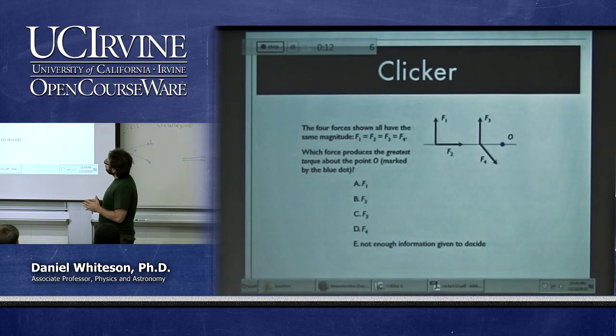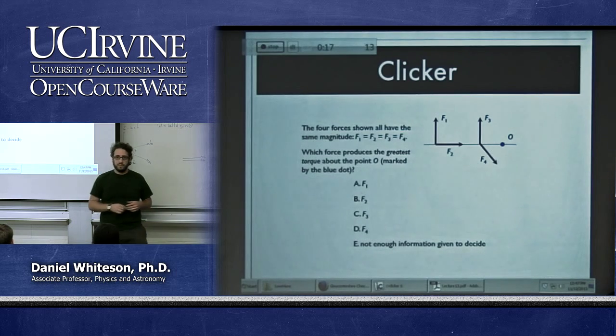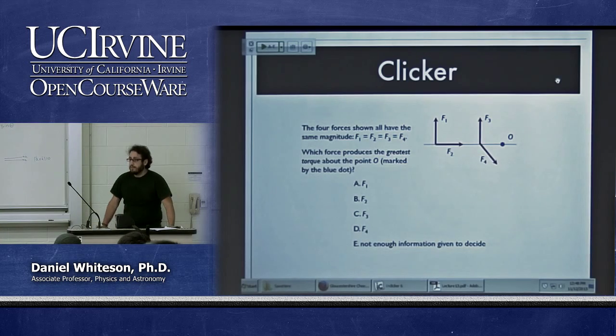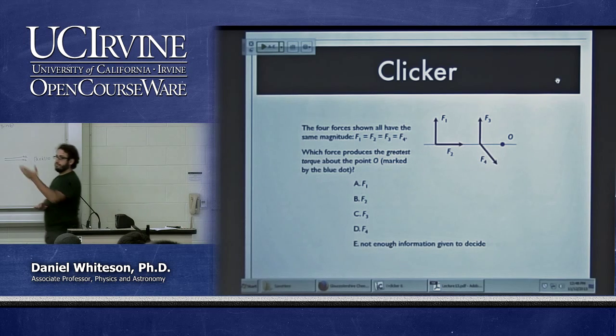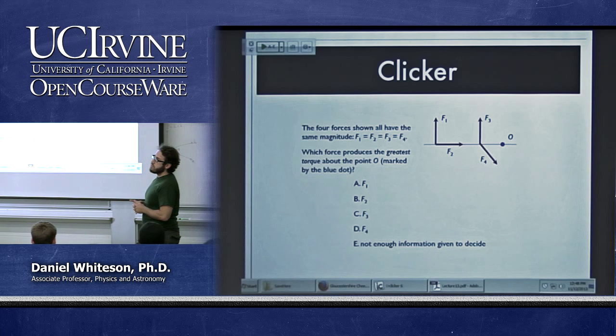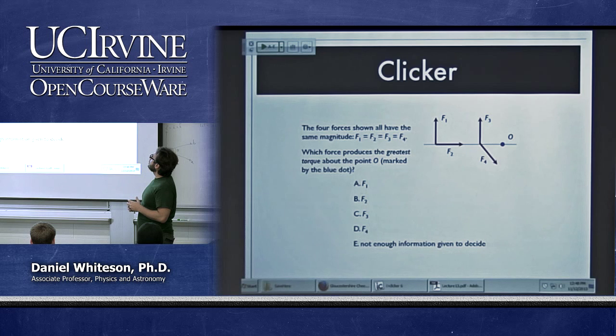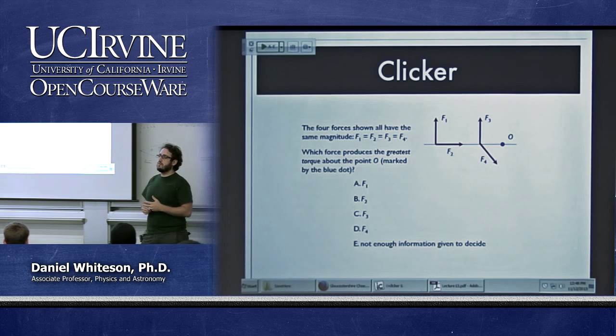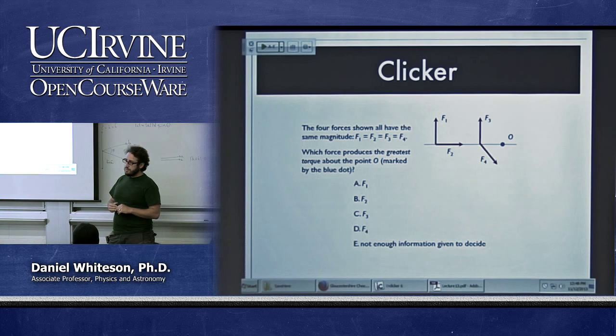Which of these forces produces the greatest torque about this point? So why is it A? Aaron? F1 is farthest from the origin and it's perpendicular. And that matters because? Because the torque is directly proportional to the magnitude of the force and the distance from the origin.